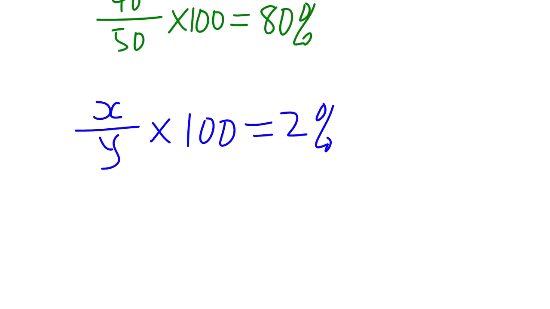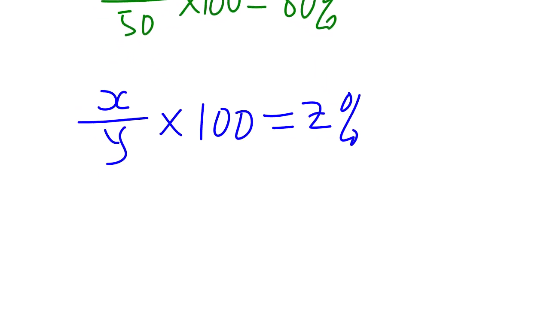So now we have this formula for percentage. This is Z, not 2. Z. There are different ways that a question can come to you.